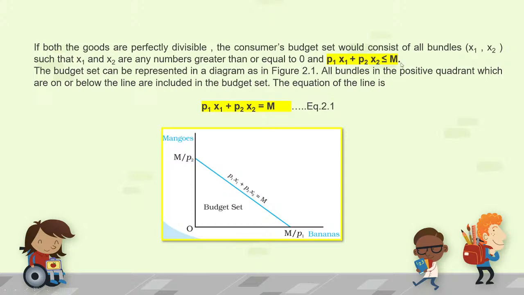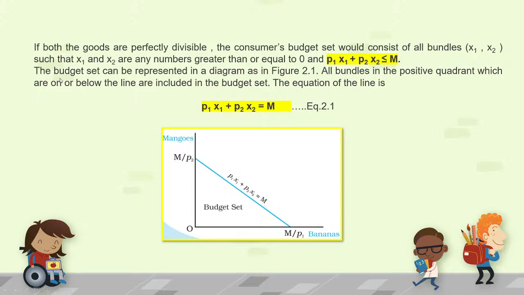Then there is this equation, highlighted in yellow, which is the equation of the budget line, where P1 and P2 are the prices of the two goods, x1 and x2 are the goods as we have already discussed, and M is the amount of income the consumer is carrying. So P1 x1 + P2 x2 ≤ M is the equation of the budget line that we will study in the next question.